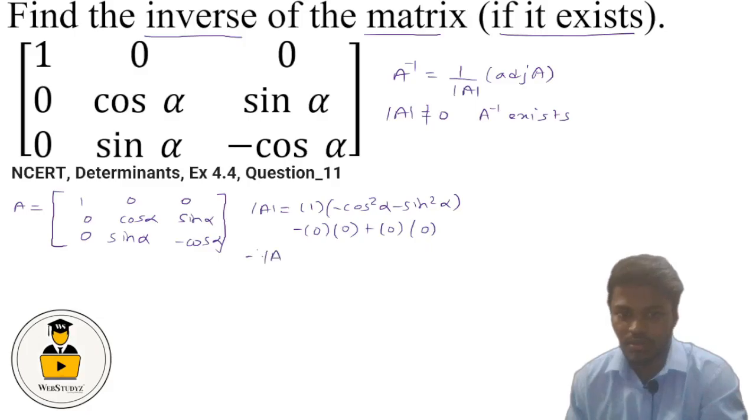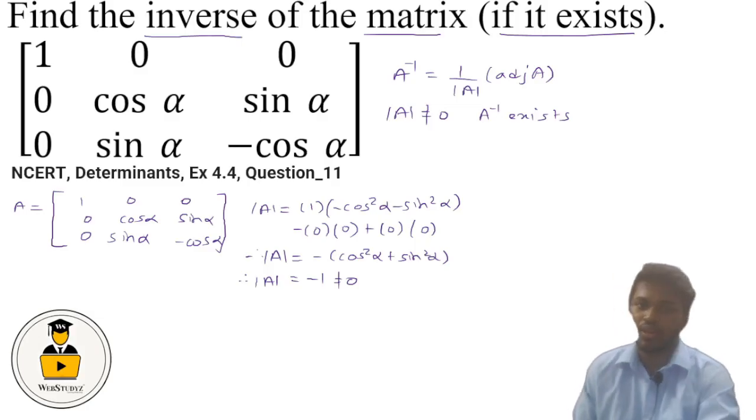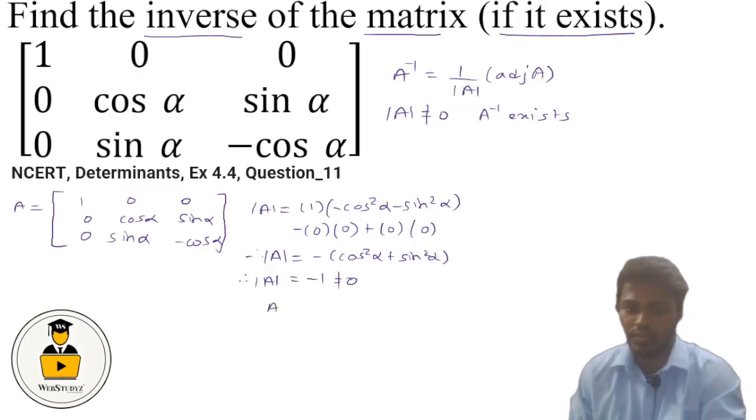Therefore the determinant comes out to be minus of cos square alpha plus sine square alpha. Now cos square alpha plus sine square alpha is 1 by the trigonometric identity. So the determinant comes out to be minus 1. Since it is not equal to 0, we can say that the inverse for the given matrix exists.